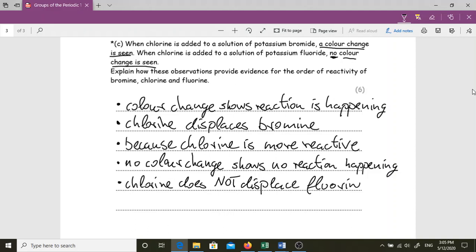And now we just need to finish by saying why that is. Why does chlorine not displace the fluorine? And the reason is that chlorine is less reactive than fluorine. Fluorine is more reactive. So we just finish by writing because chlorine is less reactive than fluorine.